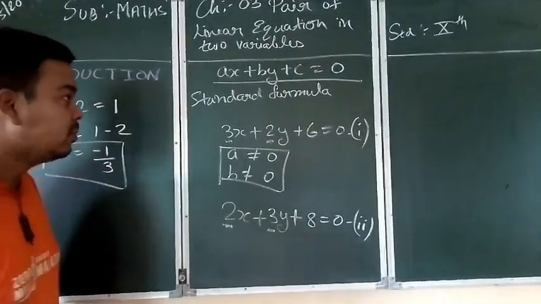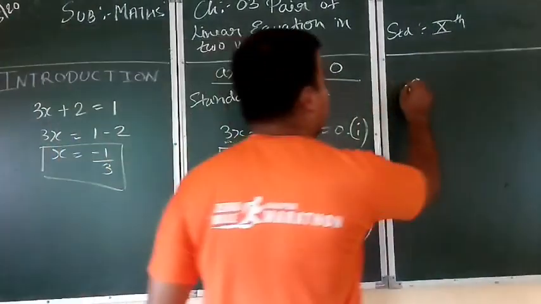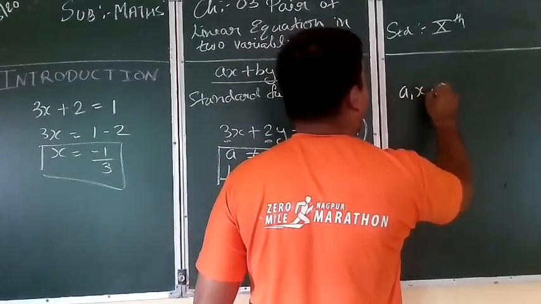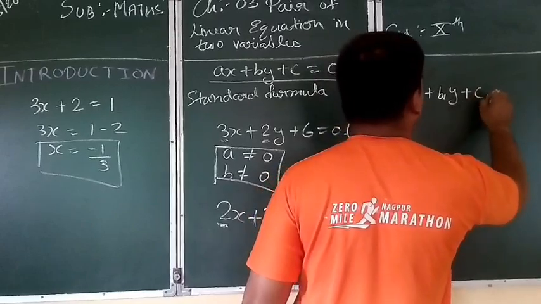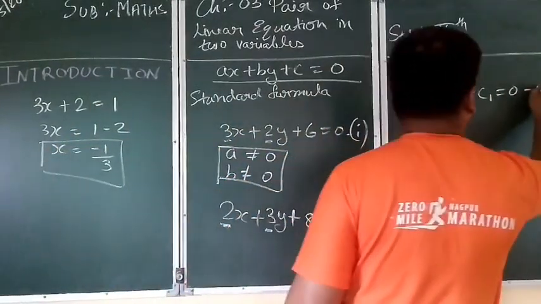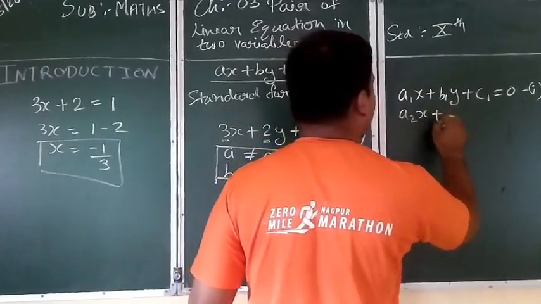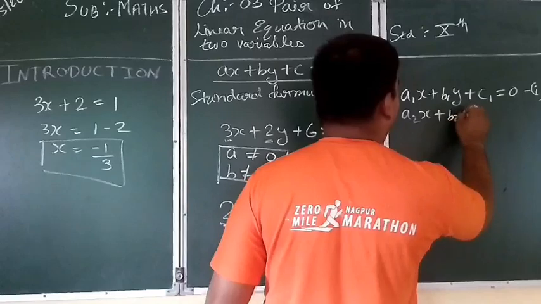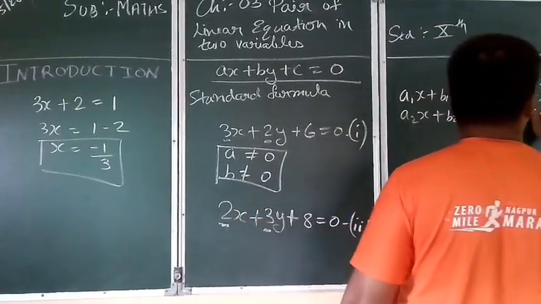So how to write this is according to the standard formula. Suppose we remember a1 x plus b1 y plus c1 equal to 0, the first equation. Then the second is a2 x plus b2 y plus c2 equal to 0, the second equation.